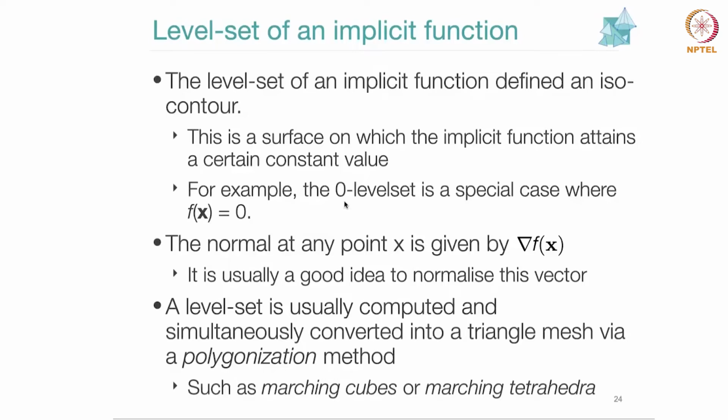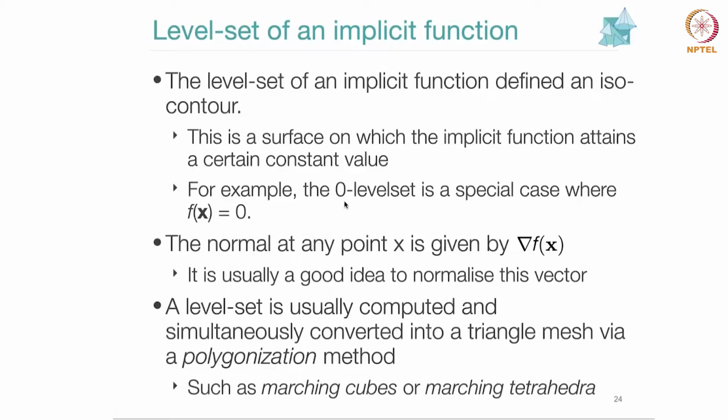And I can also compute the normal at any point x, and as we saw earlier, it's defined by the gradient at x, and you normalize that. So it sounds good, but how do you compute the level set? There are certain methods to compute the level set, depending on what you want, but most often you want an explicit representation or a discrete representation.